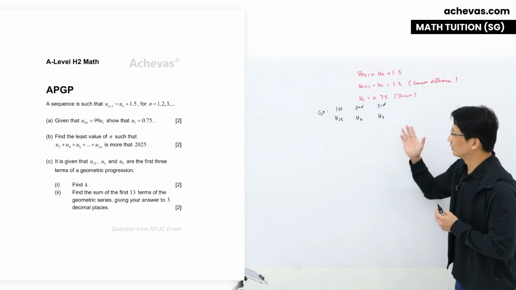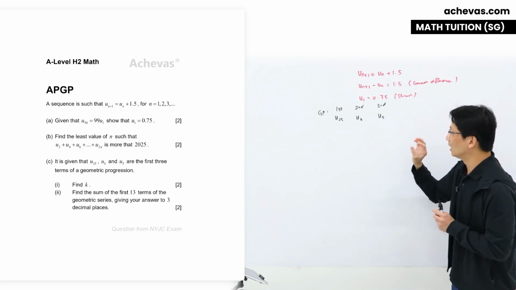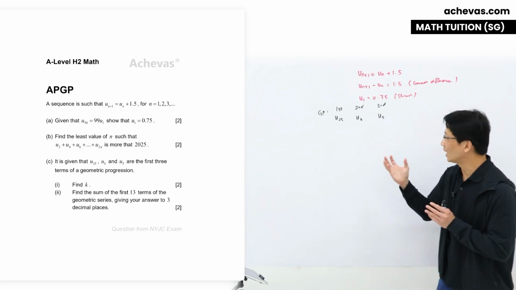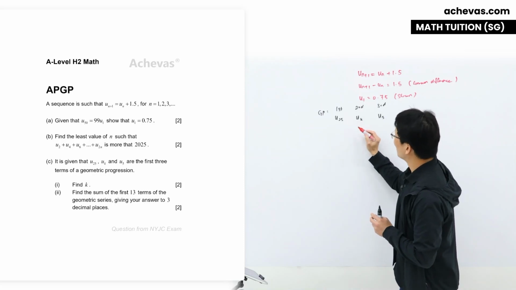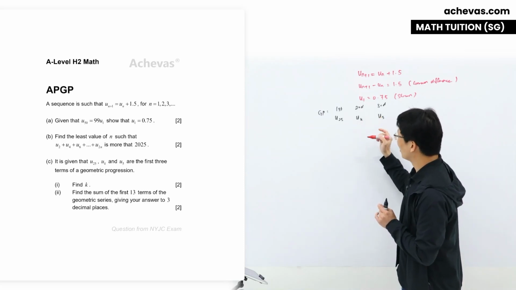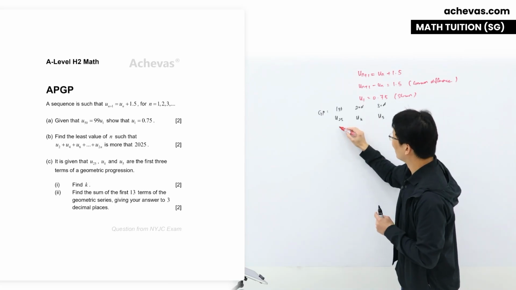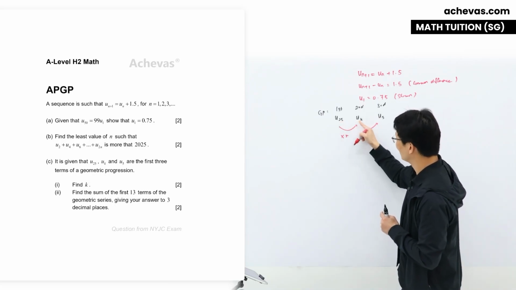Since this is a GP, I can relate them using a common ratio. That means to say that if I were to use this divided by this, I will get the common ratio r. This divided by this also gets a common ratio of r. Or alternatively, we can just imagine we multiply by r to this, I'll get this.